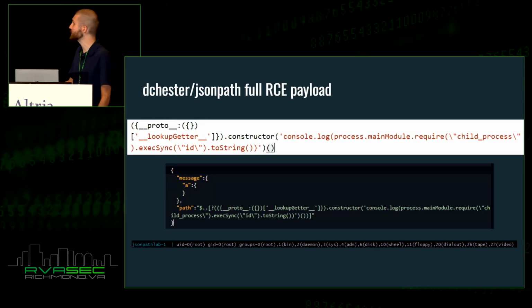So we can put this together into a full RCE payload for JSONPath. We build out this input object. It's just running a filter expression on each member of it, so that's what that dot dot is. It's only got one member, so this only runs once.